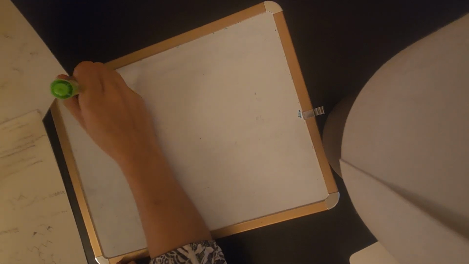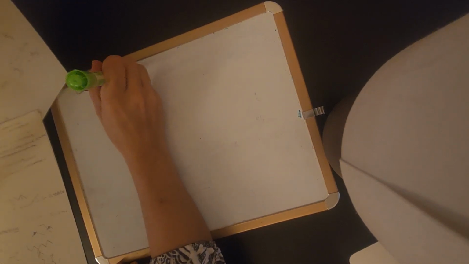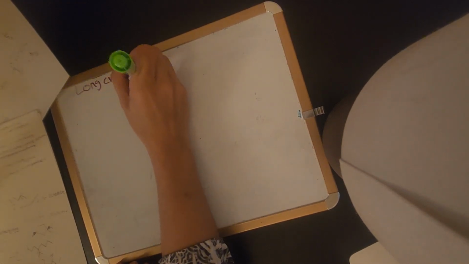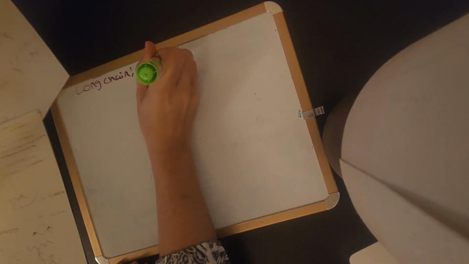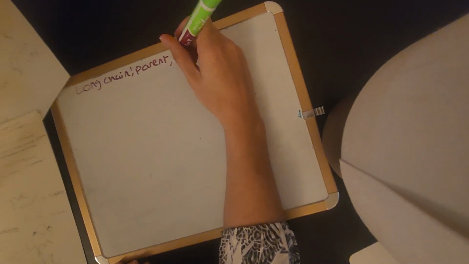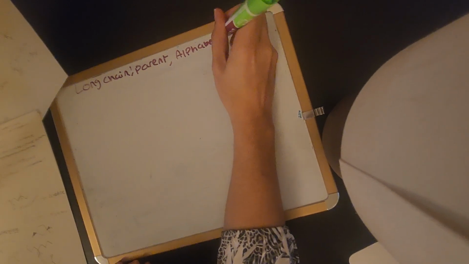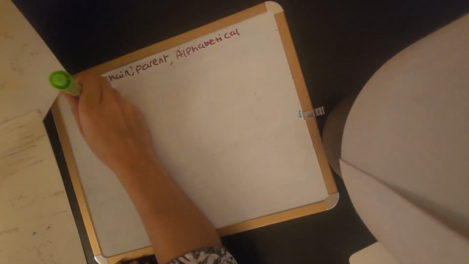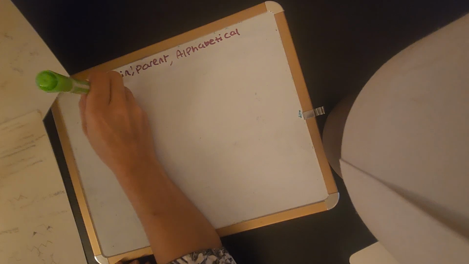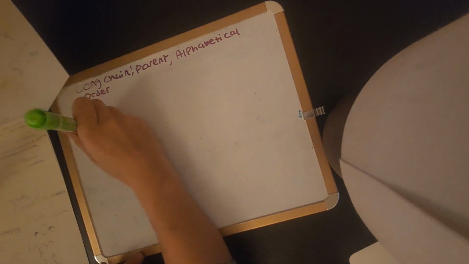Next, we're going to work on nomenclature. The thing to remember here is that the long chain is the parent. And we want to put things in alphabetical order. So let's start with this.